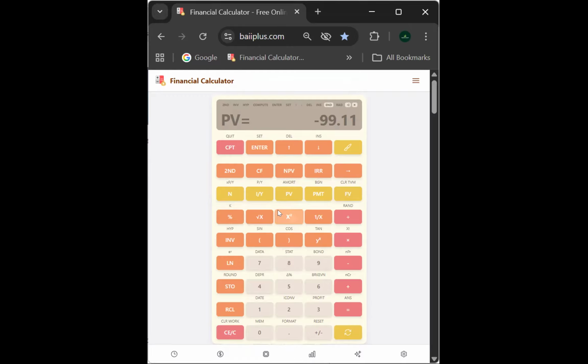Now, I/Y was 4.2. Now I am going to plug in 3.8 as the I/Y. This is going to give me a present value of 100.90. This means, let me just take you back to the question.